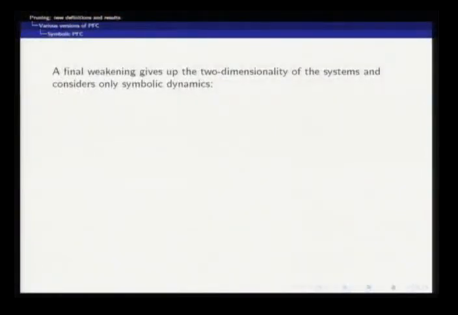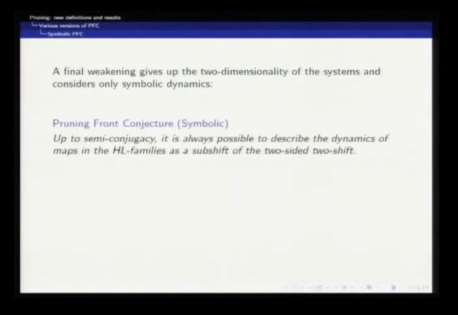And all of this is very determined by the two-dimensionality of things, right? I mean, the isotopies, everything here had to be on the plane, or on the surface. And then you could say, okay, I'll kick the bucket, as we say here, and I'll just forget about dimension 2, okay? So, is it true that it's possible to describe the maps in the Henon family as subshifts of the two-shift?